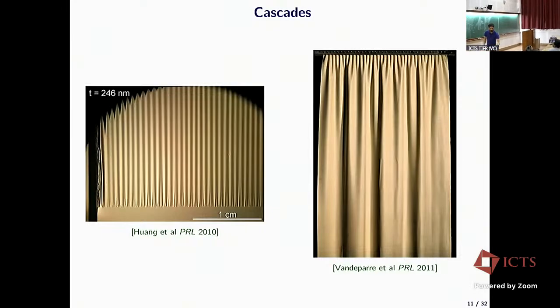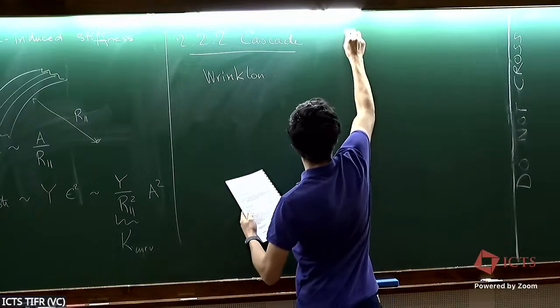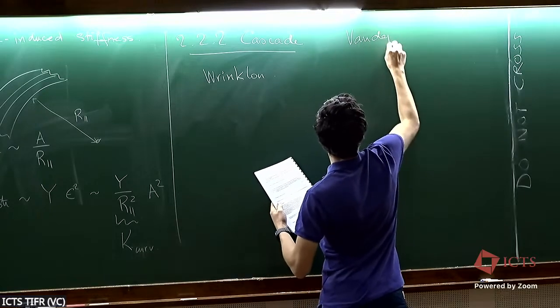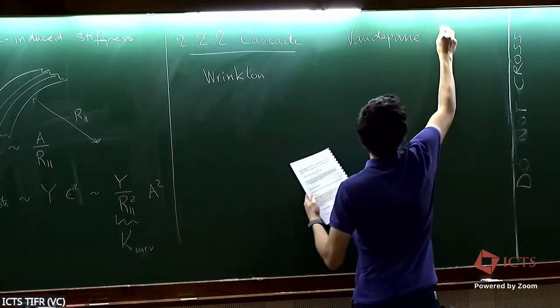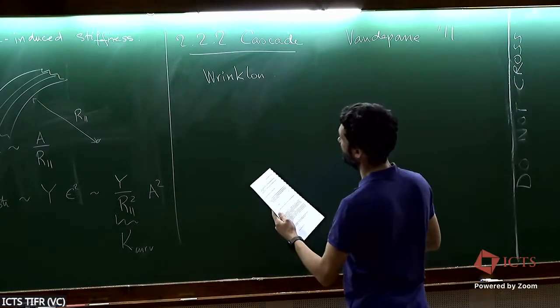So this is what is called typically a cascade. And to describe this, the paper that I will base myself on is Vandeparre 11.